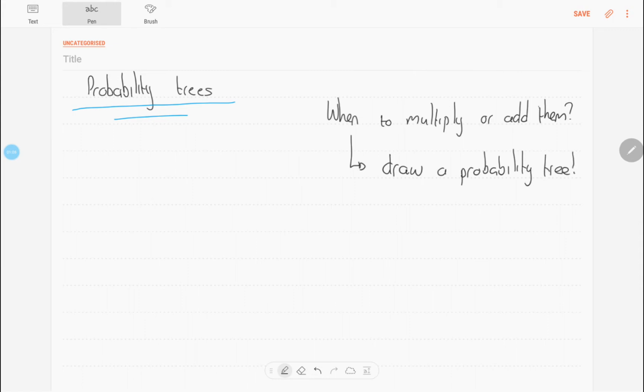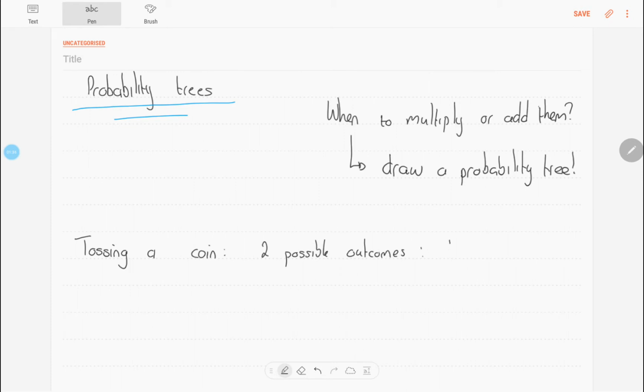They make your life a lot easier. So let's use the one that we all know and hopefully love, and that's tossing a coin. We have 2 possible outcomes.